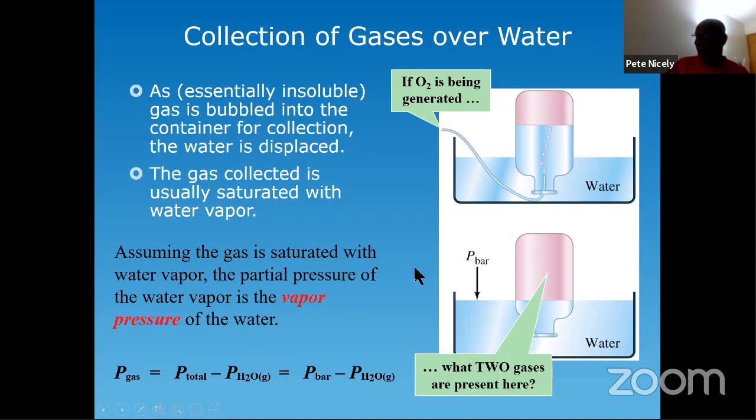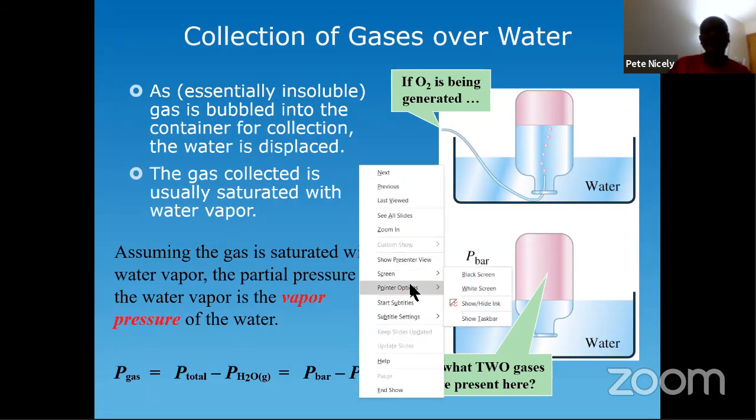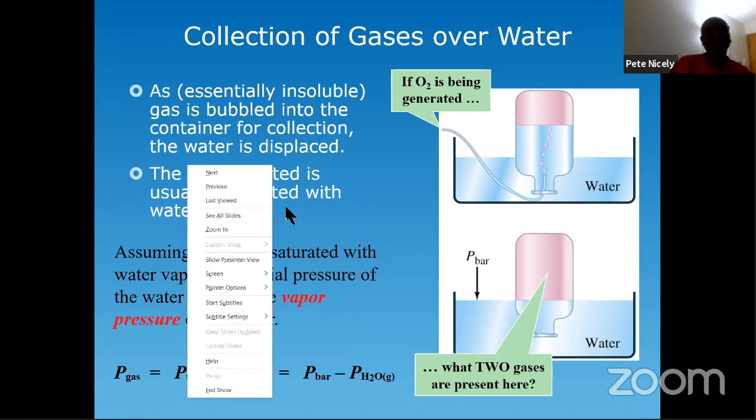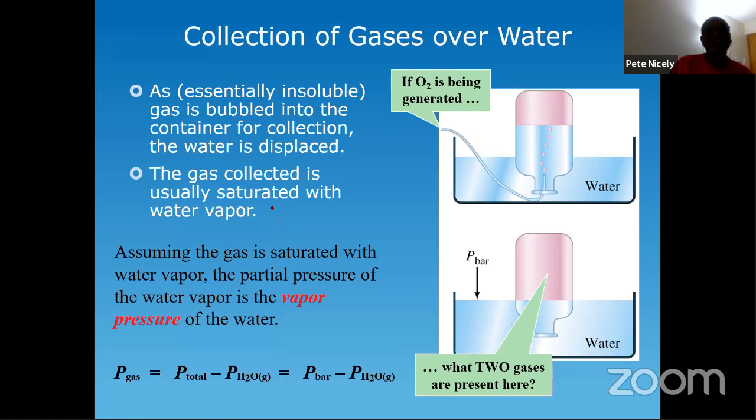So therefore, we can say that, let me just write it right here, P bar will be equal to the water vapor pressure plus the vapor pressure of the gas, or G for gas, right?